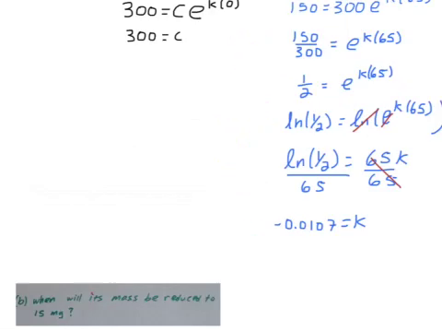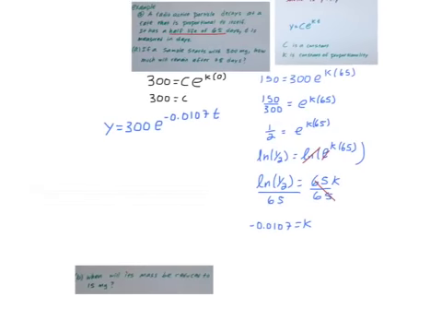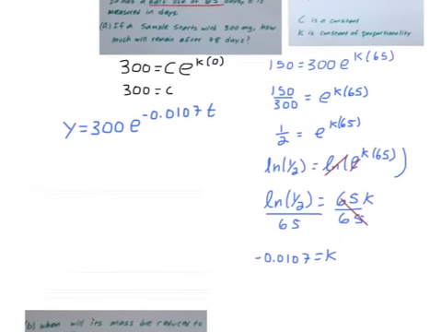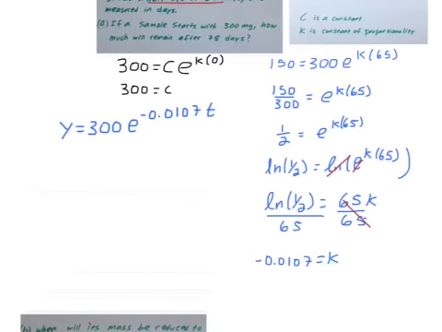So okay, now that I have my k value, I can come up with my equation. My equation is going to be y equal to the initial amount, which was 300, e to the negative 0.0107 t. Now, what the problem was asking initially was how much was remaining after 78 days.